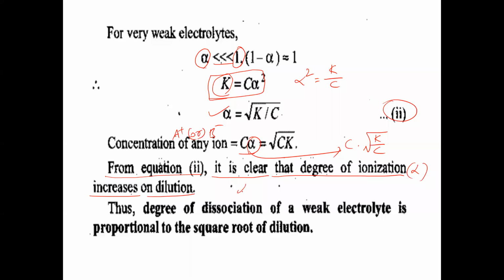Alpha is directly proportional to dilution, and dilution means addition of water. Is that clear? Thus, the degree of dissociation alpha of a weak electrolyte is proportional to the square root of dilution. More the dilution, more will be the dissociation.